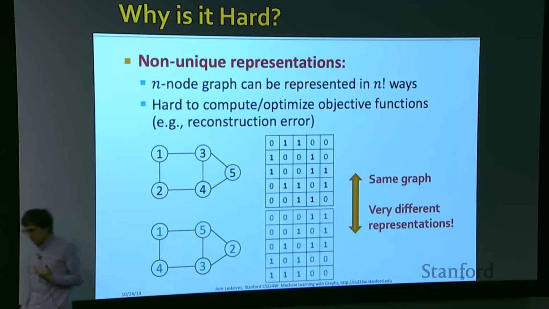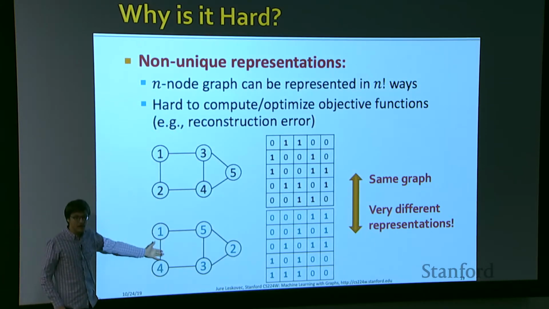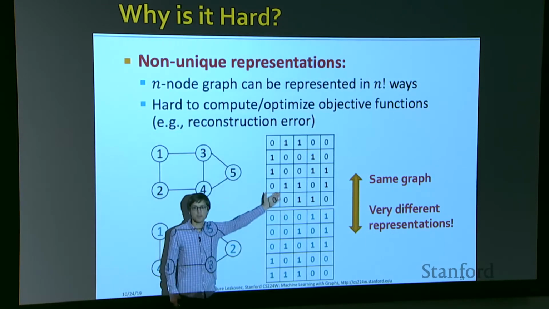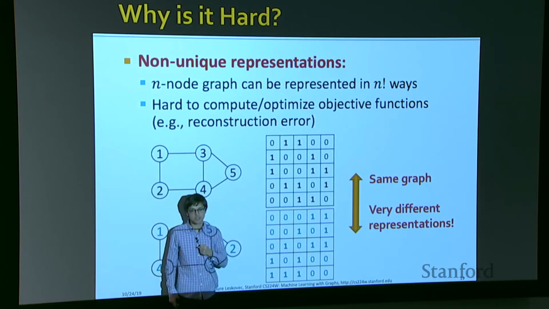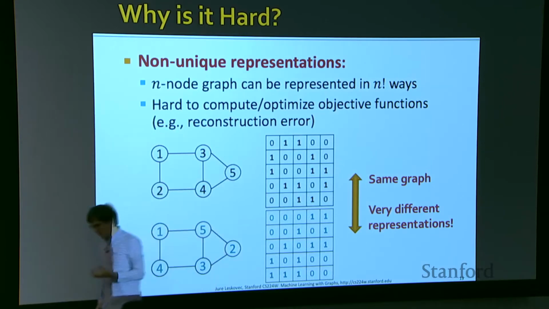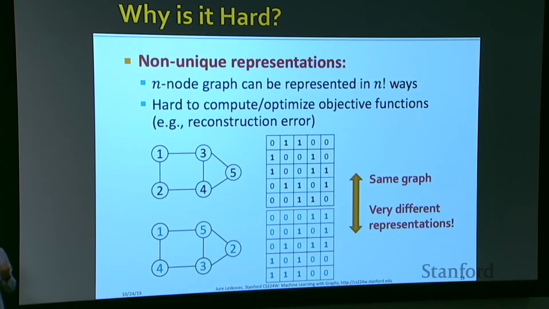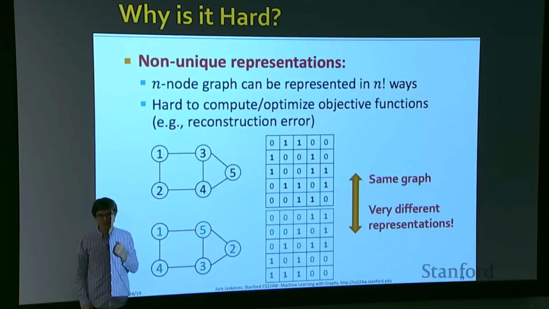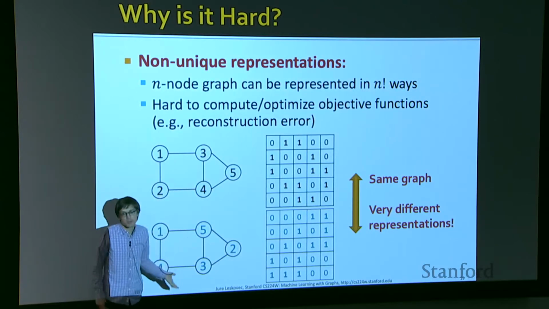So what's the point? The point is that I have the same graph, but I have two wildly different representations of it, two very different adjacency matrices, right? So it's not clear what I do, because this ordering of the nodes is totally arbitrary. I can number them this way, I can number them some other way.